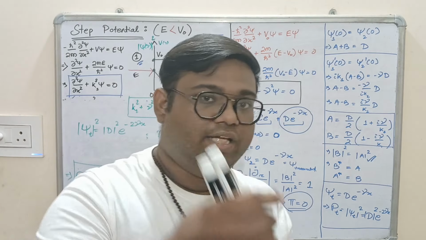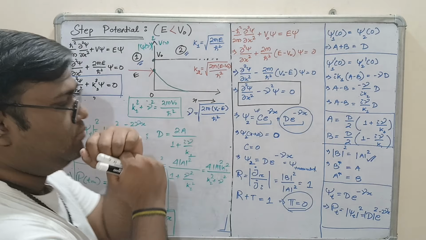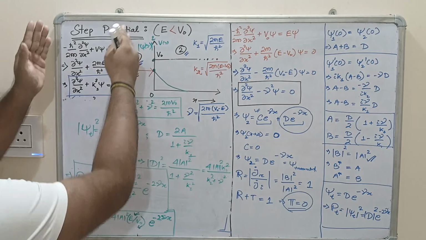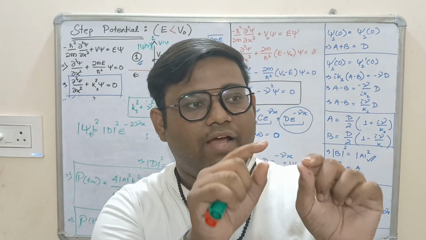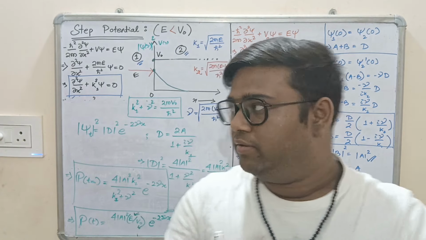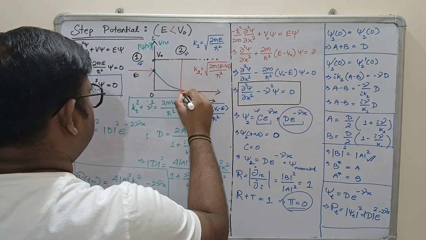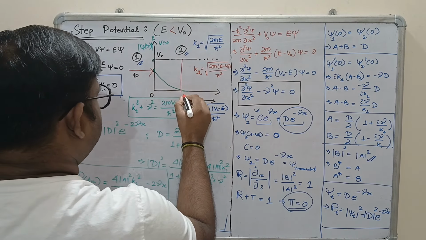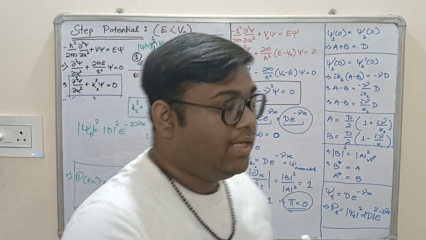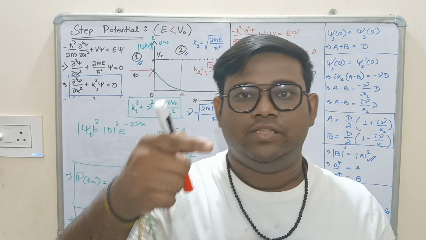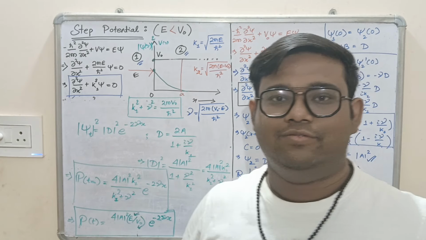But in the later case, let's say we will have a finite potential, a potential barrier, with the potential like this, from 0 to, let's say, this point A or D, whatever that is. In that case, we'll see whether the transmission coefficient is 0 or not.